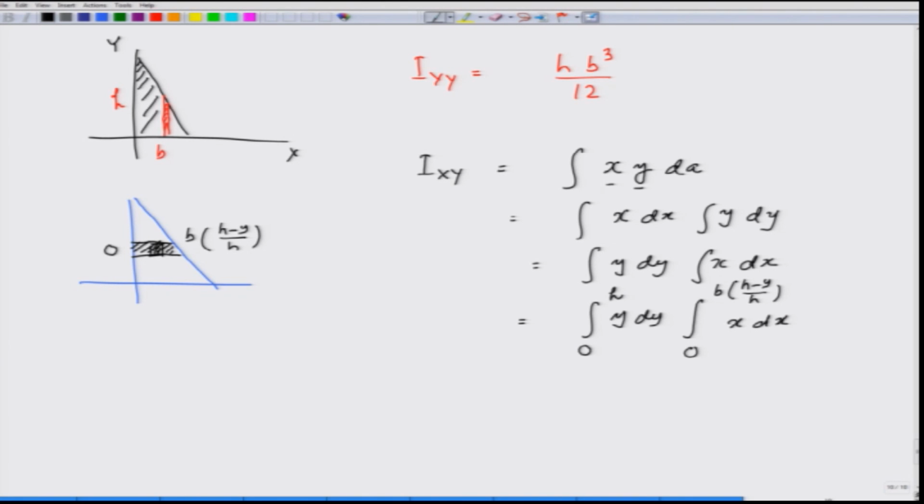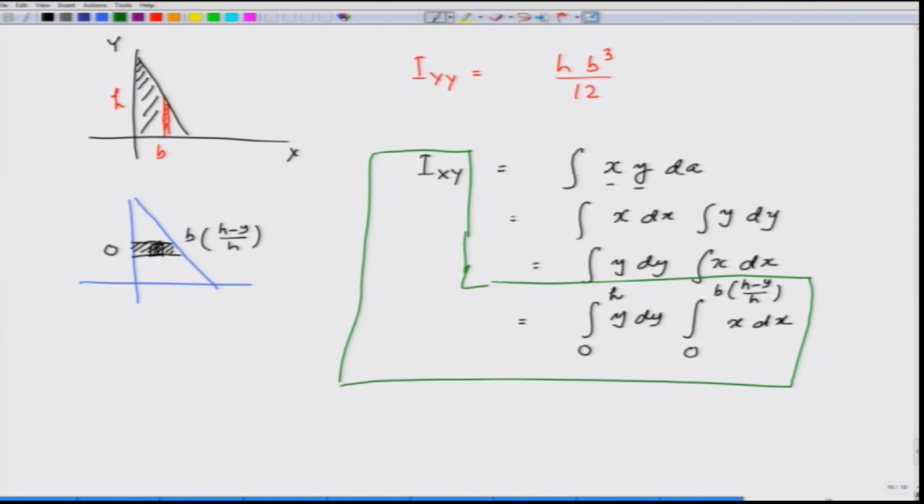That is the integral that we have to perform. So, for a given y, x varies from here to here, which is 0 to b (h minus y) over h, and then y varies from 0 to h. I will let you do the integral. This comes out to be b squared h squared over 24.